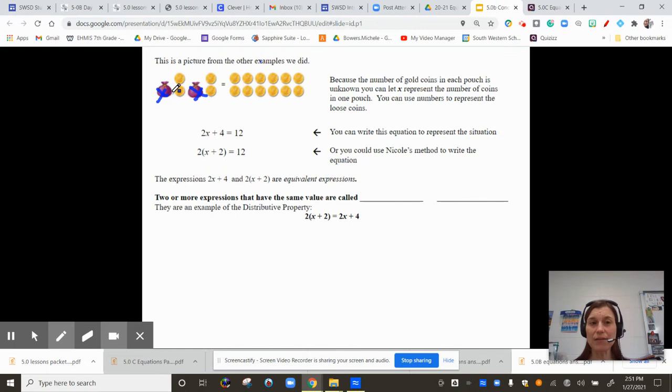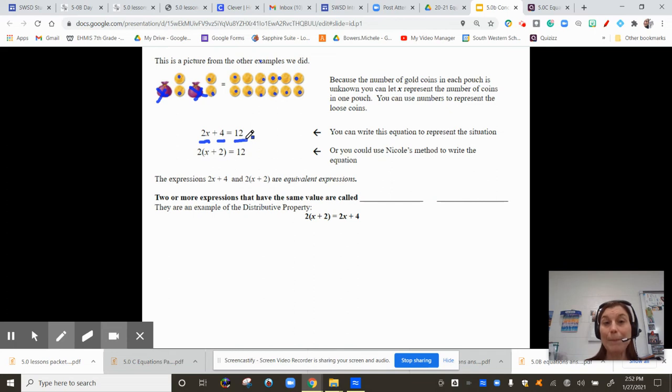So to represent this, I would say that I have 2 bags or 2 X's, and I have 1, 2, 3, 4 plus 4 coins. On the other side of the equal sign, I have 1, 2, 3, 4, 5, 6, 7, 8, 9, 10, 11, 12, 12 coins. So now I have, that's the way to represent it.